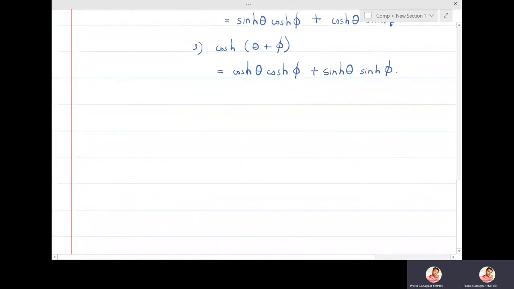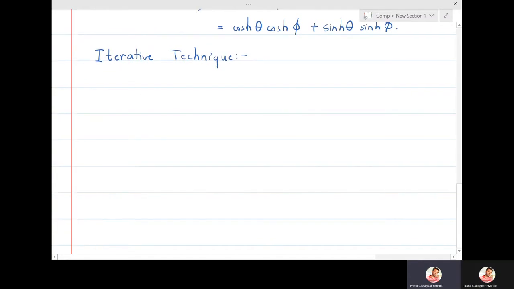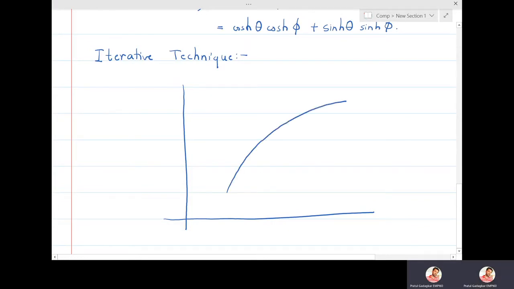Okay, now let us go to the iterative technique with this background. What we will do is take the hyperbolic arc from some value of x. The actual hyperbola goes like this.